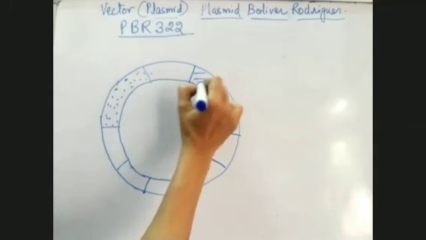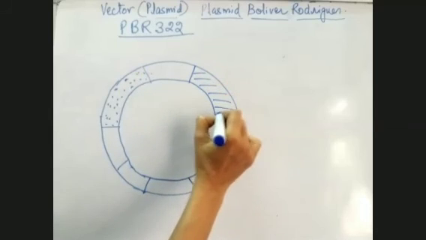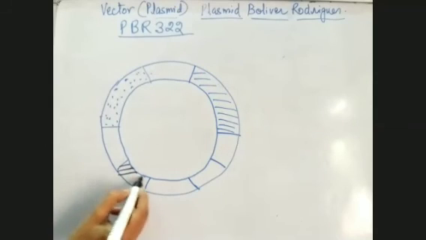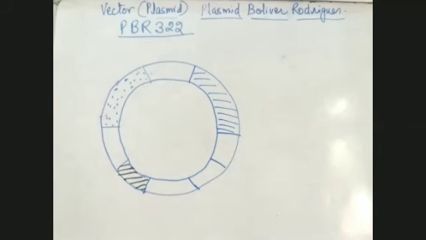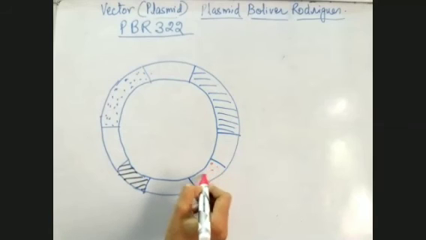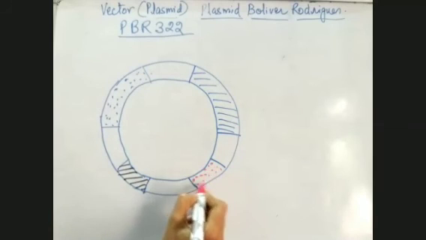Let's make it by lines. I'm making it with different ones. Let's make it with this. And let's make it with this. It has been made like this.